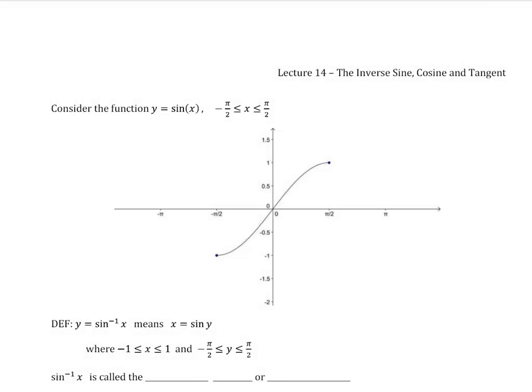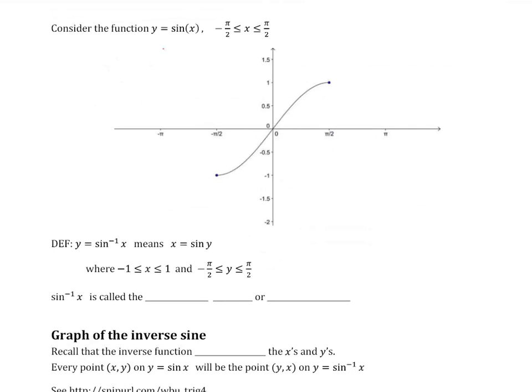So consider now this function, which is y is equal to sine of x, such that x is between negative pi over 2 and positive pi over 2 inclusive. Okay? Now we will define y equals sine inverse of x to mean x equals sine of y, meaning it's the same thing as if I had written x is equal to sine of y.